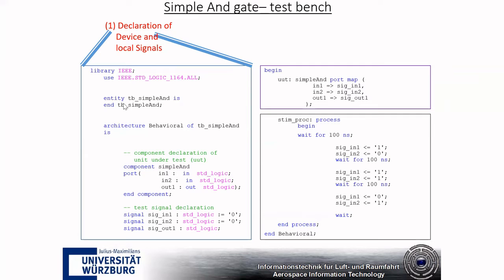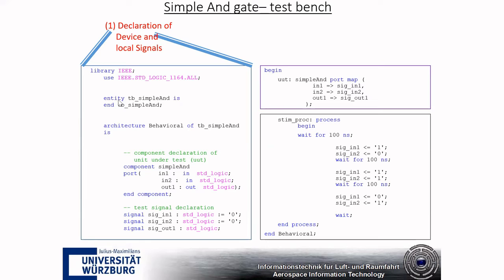This test bench also has an entity, but there will be nothing extra in the entity. We don't put anything because this test bench is only the test. It's not a device under test. So the entity will remain empty because the entity has the declaration of input and output, and the input and output are already coming from the design, from the component which we are testing.